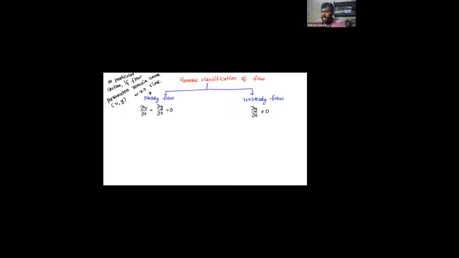So now I can divide this steady flow or unsteady flow again into two more parts: uniform flow, non-uniform flow.